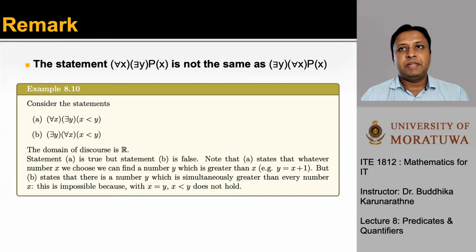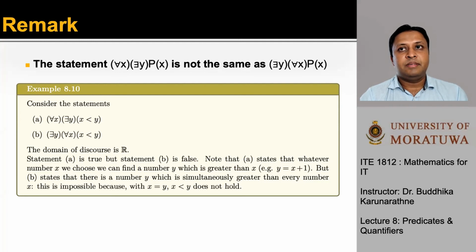We now move on to a special remark about the quantifiers. The statement for all x, there exists y, Px is not the same as there exists y, for all x, Px. Let's understand this using an example.